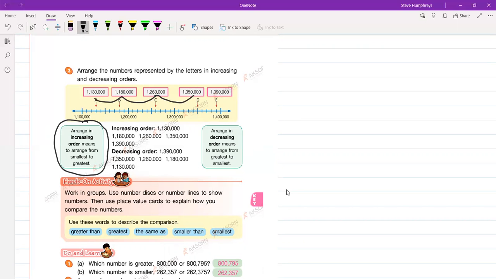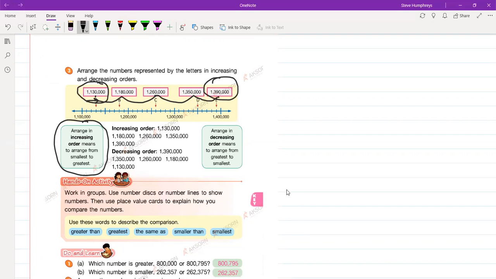Next, 1,350,000. And the greatest number, 1,390,000. So those numbers are in increasing order, from the smallest to the greatest.